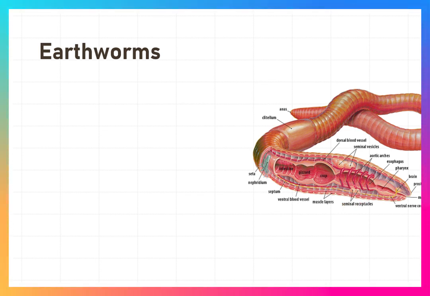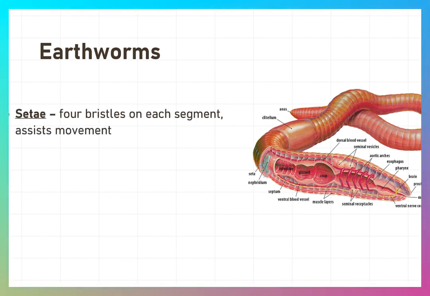The seminal receptacle is where the sperm cells are taken for reproduction, and then you have these little spiny things that stick out that help the worm move through the ground. So these bristles or spiny things or setae, there are 4 bristles in each segment, and they're used for locomotion.